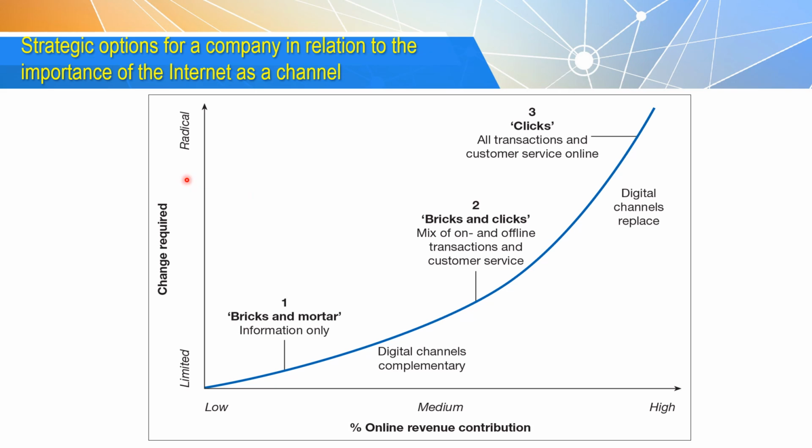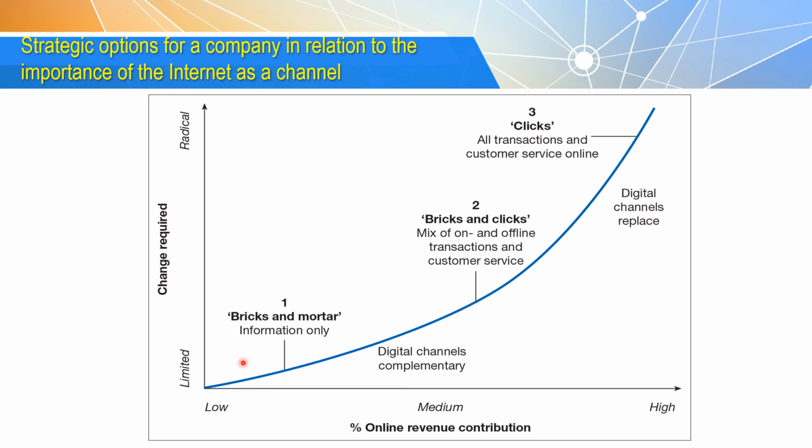So this graph shows the changes in the percentage of online revenue contribution when the organization changes its digital channel role. The first one is very low: the online contribution is very low when they are brick and mortar and use the digital channel only to provide information.